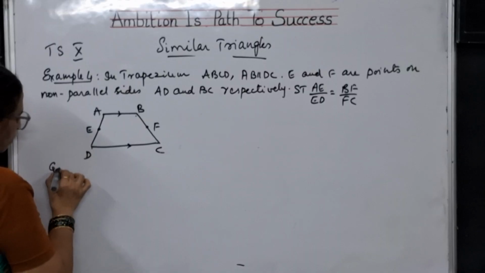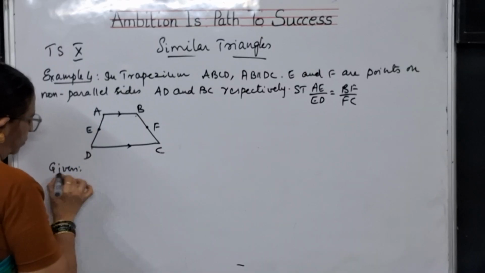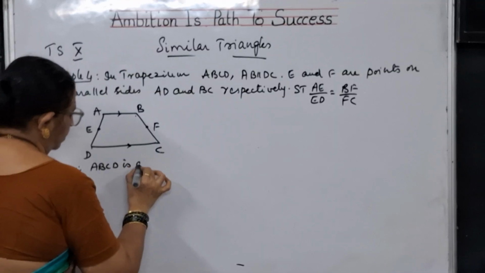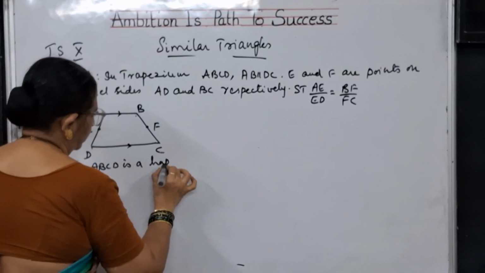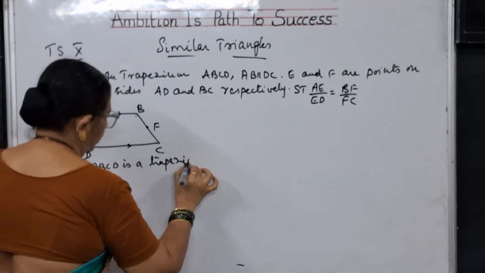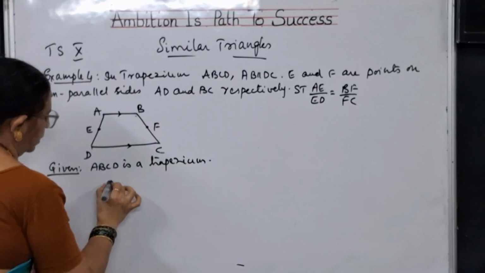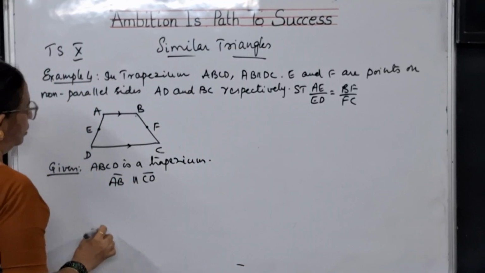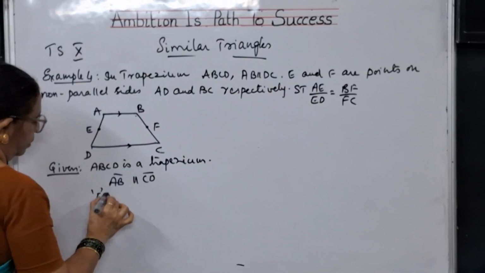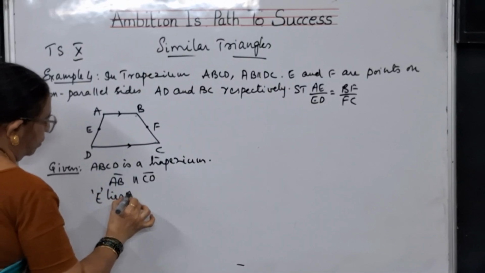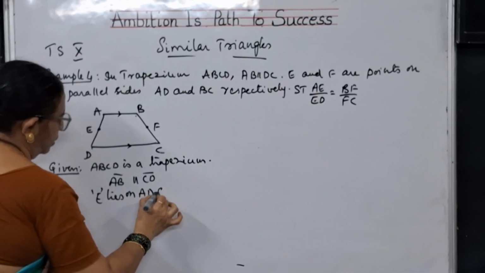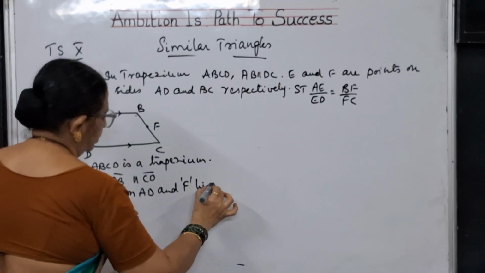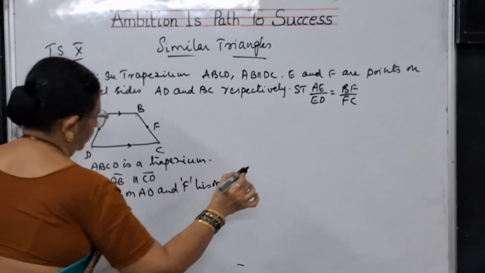So, what is given to you? ABCD is a trapezium. AB is parallel to CD. E lies on AD and F lies on BC.